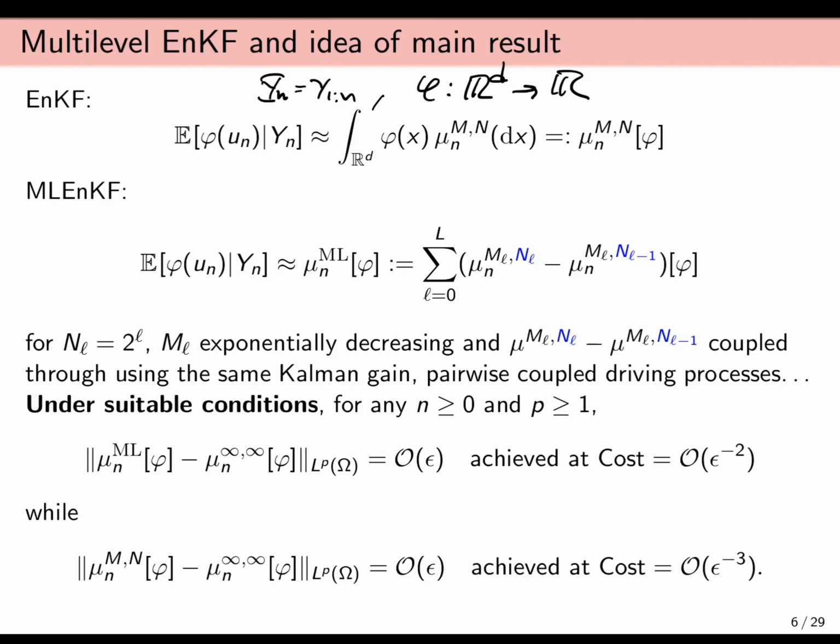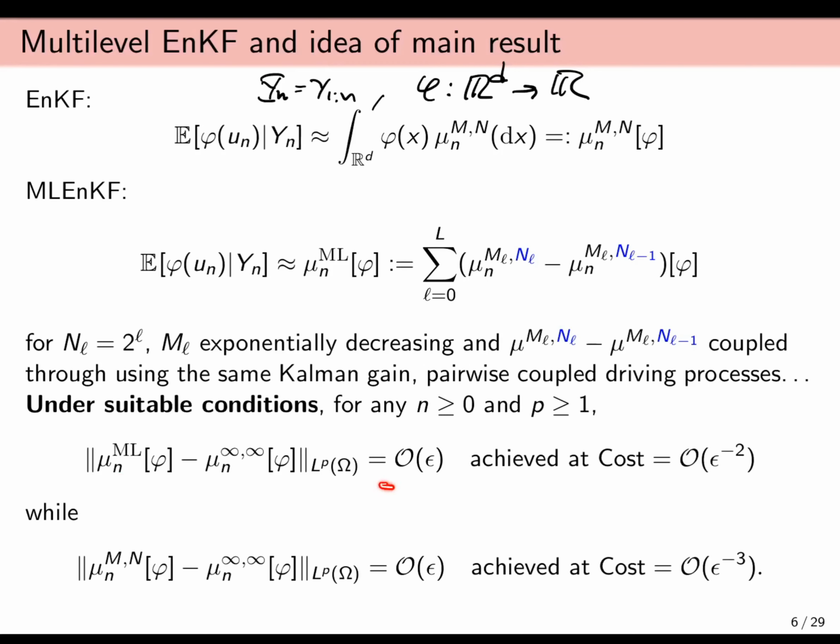But the core result of this paper is this. If I'm looking at the reference, which we will view as being the mean field measure, using an infinite number of samples in EnKF and no discretization error in the model, so the exact model in the simulation of the particles, n equals capital N equals infinity, then it turns out that both algorithms, MLEnKF and EnKF, converge towards this mean field measure.